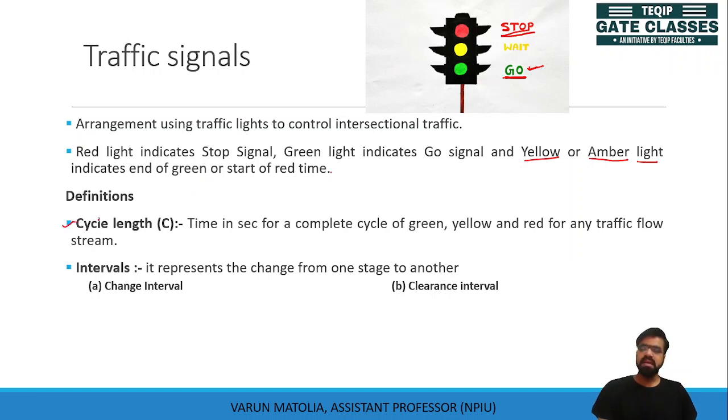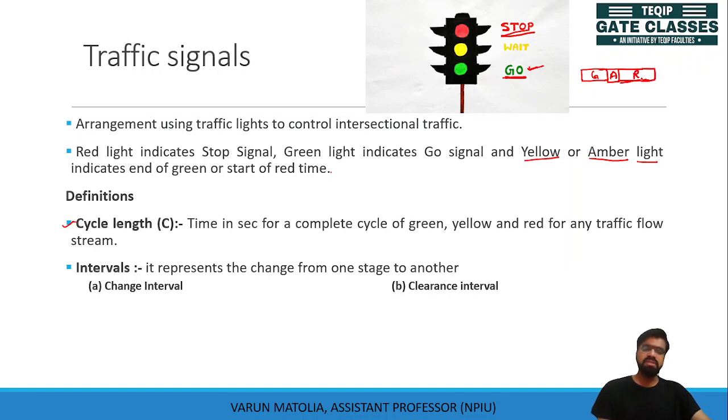First one is cycle length. A cycle is a process of blinking from one color to another color and then coming back to the same color. Like when we are starting with a green light, just after a red, a green duration starts. This is the green light. The end of the green light is denoted by an amber duration or yellow duration. Let's call it A. And then finally we have a red duration.